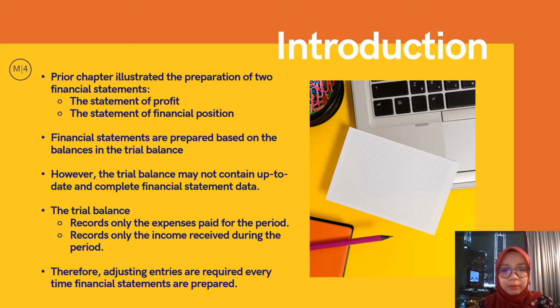But it may not contain up-to-date and complete financial statement data, because the trial balance records only the expenses paid for the period and only the income received during the period. Therefore, adjusting entries are required every time financial statements are prepared.